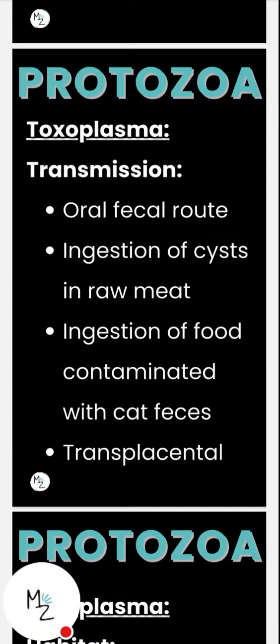It is also transmitted by the transplacental route, like the passage of trophozoites transplacentally from mother to fetus. Infection of the fetus occurs only when the mother is infected during pregnancy and when she is infected for the first time, which means she has no protective antibody. Cat is playing a major role in causing this infection.